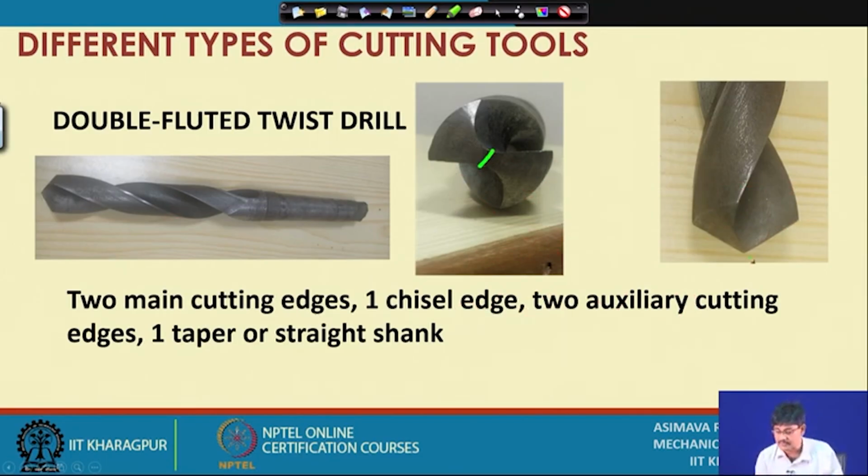What does it do? Here there is the chisel edge; it cannot be seen from this side. What is its role? As we have to provide a body to the drill, ideally we would have liked this particular configuration. Let me show you.